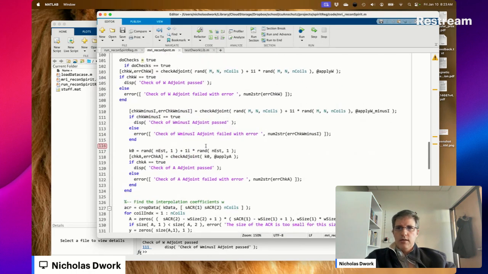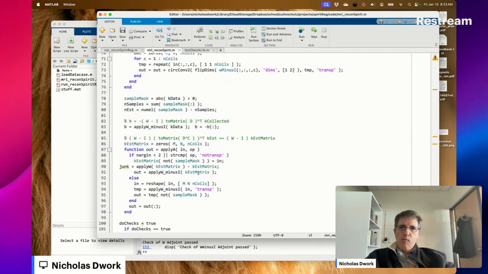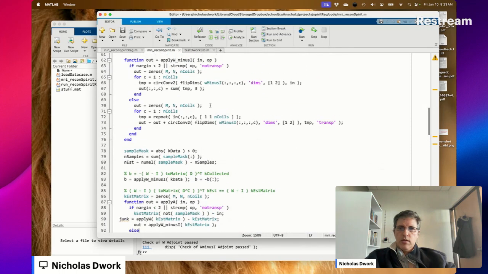Okay. The first two dimensions are data. The last dimension is the coil.